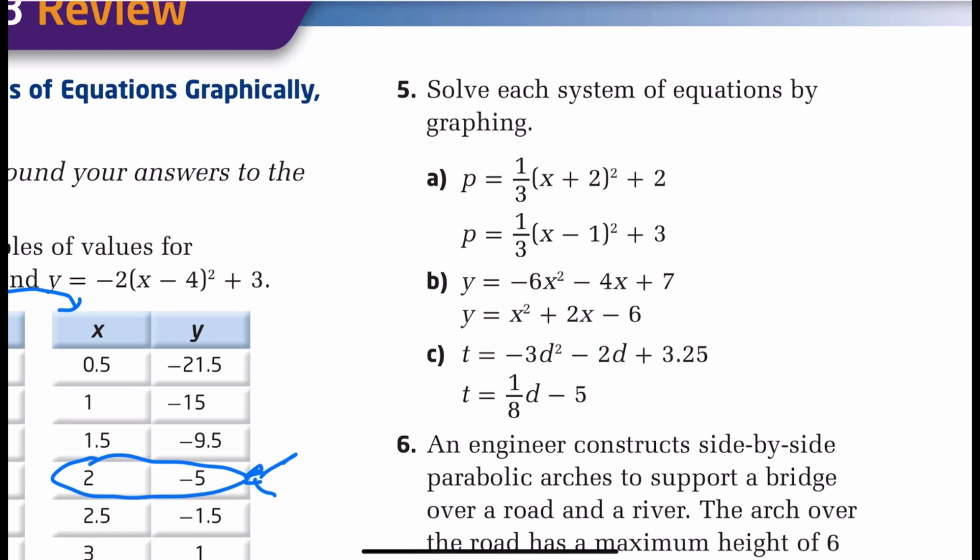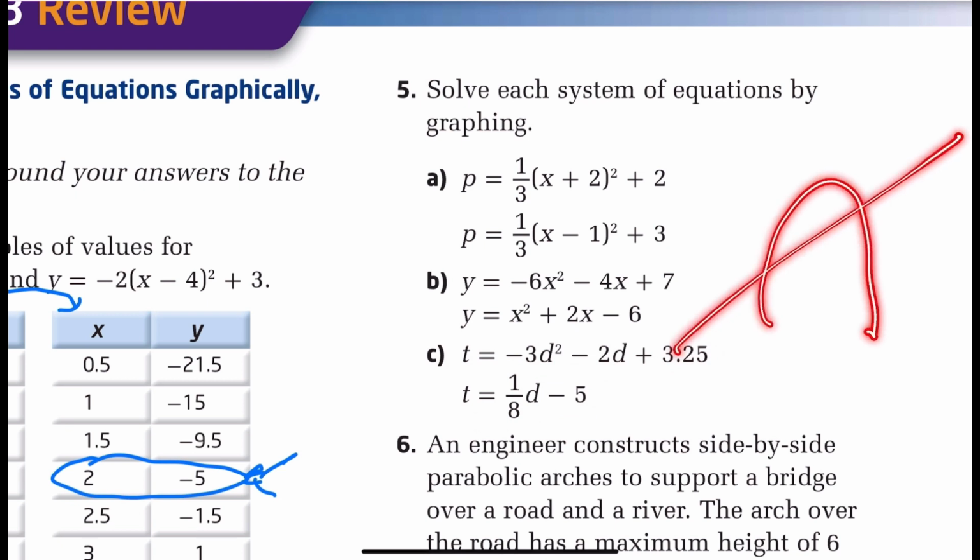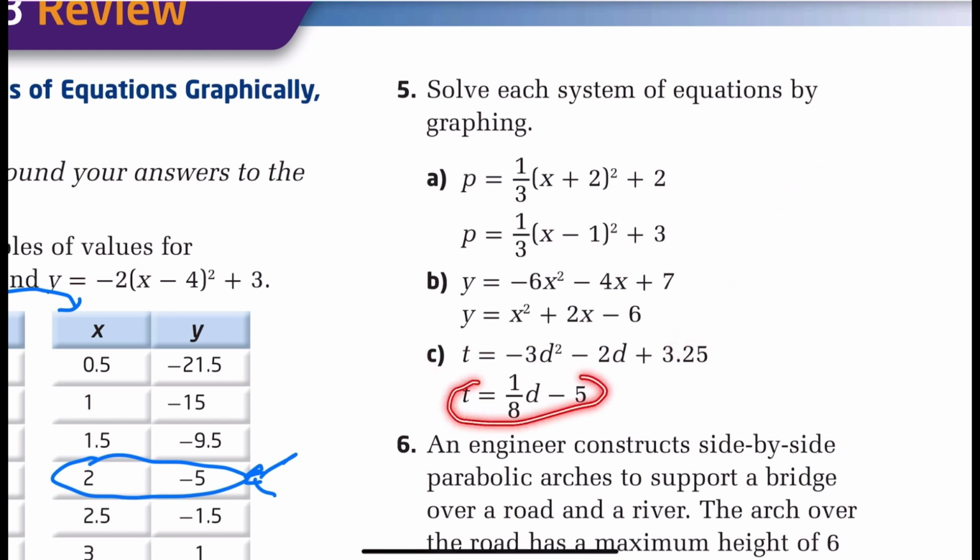For C, you can see this is a line and this is a parabola. So it is a downward parabola with a line, which will be touching it in 2 points. Because this is the equation of a line, and this is a parabola. However, these two are parabolas and these two are parabolas.